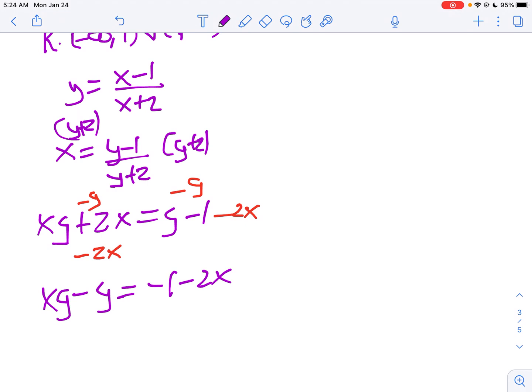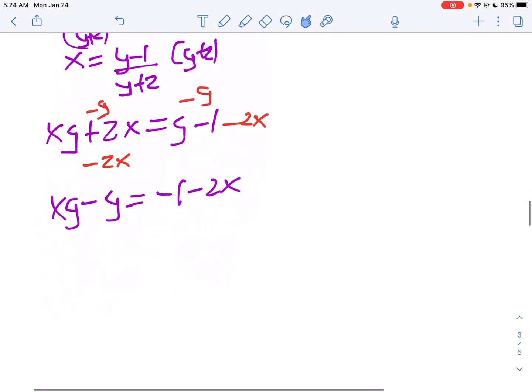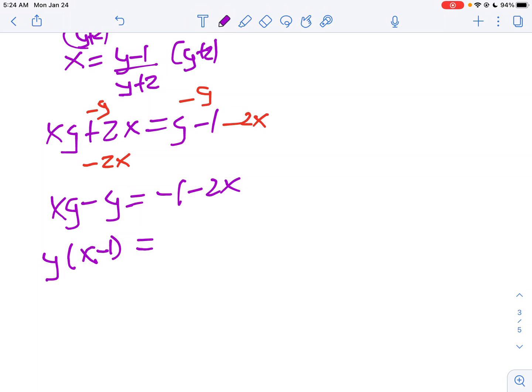Now I want to get y by itself, so let's factor that y out. So I'm going to get y times x minus 1 equals negative 1 minus 2x. Then I will divide both sides by x minus 1 to get y by itself.